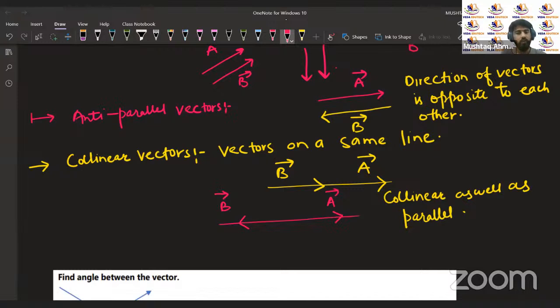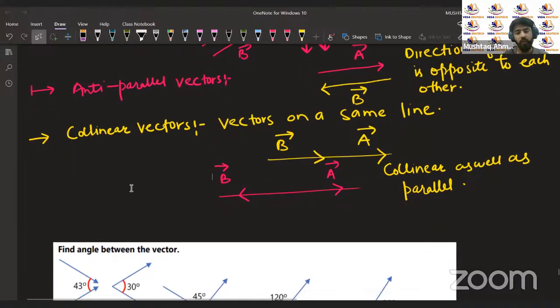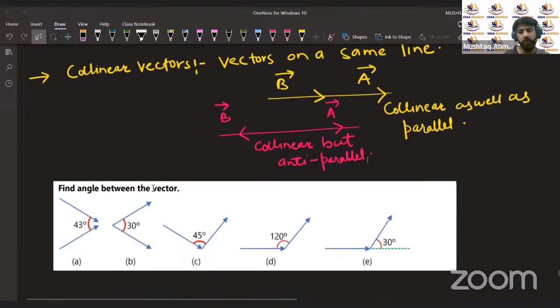Once again, these two vectors are on the same line, but the two vectors are in opposite direction. We can say these two vectors are collinear but anti-parallel, or opposite.